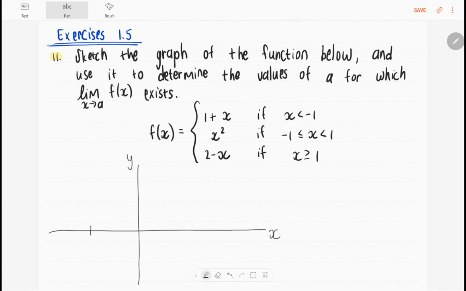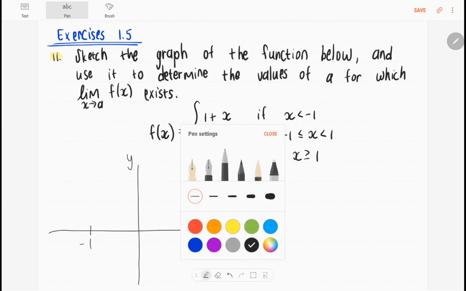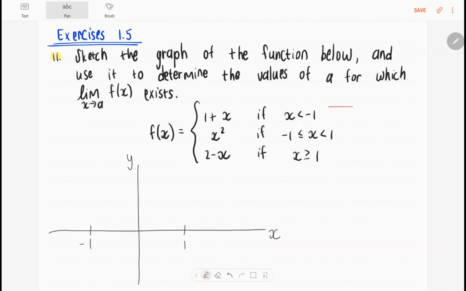Y-axis, x-axis. I'm just going to make 2 points here at minus 1 and 1. And what I'm going to do as well is work out my function values at those 2 points. So for the first case, I have y equals 1 plus x. So when x equals minus 1, we will have y equals 0 there.